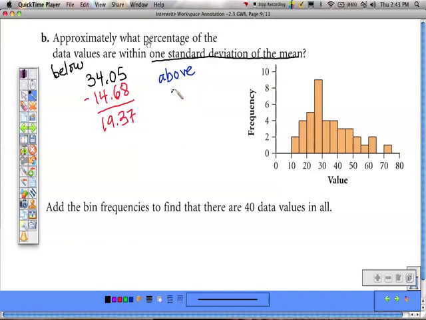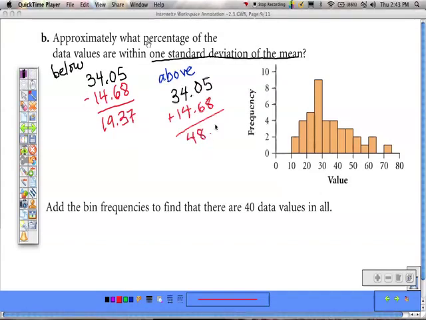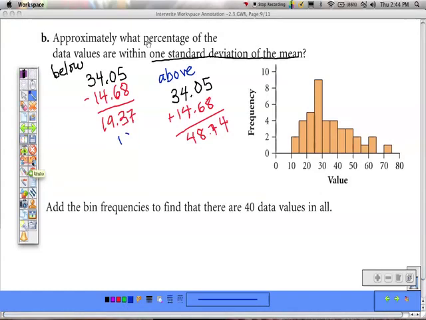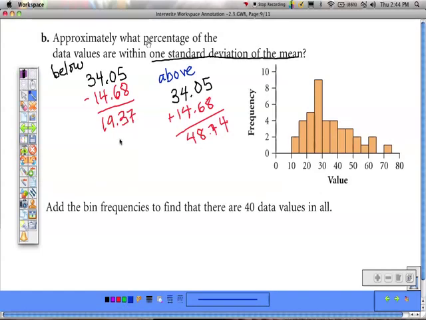So we'll take 34.05 and we'll add a standard deviation. And that gives us about 48.74. Okay, so let's round to the nearest whole number so we can find where they are on this chart. So this is about 19. Well, we can round to 20, I guess. We round up, so let's say 20 is about 49.